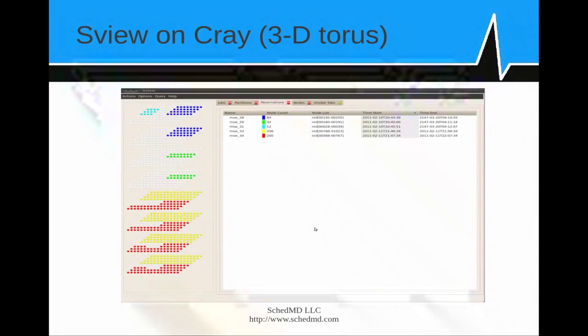Each one of the planes here represents a single Y value. So your bottom plane here is Y0, and Y1 is the next plane, Y2, and so forth. Your X is going across from left to right, so X0, X1, X2, and your Z dimension is coming forward at an angle. So this is, I believe, 1,000 nodes on a Cray system.